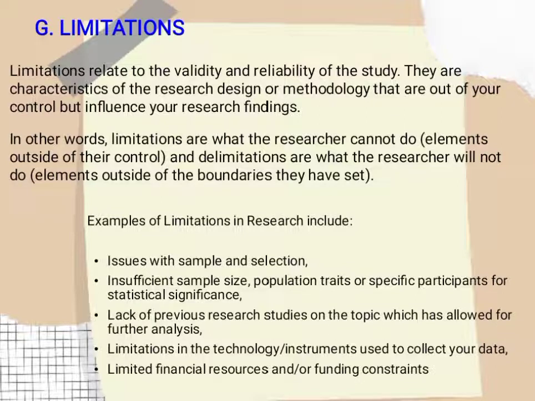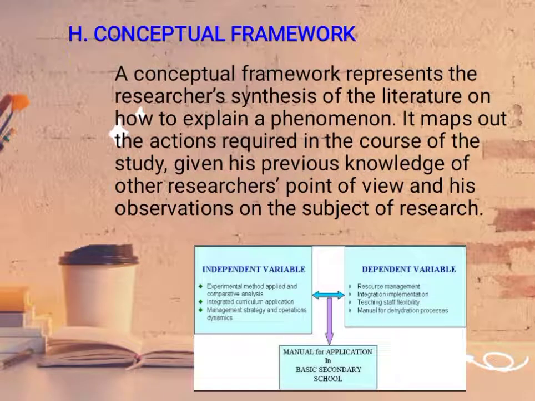So next is the conceptual framework. A conceptual framework represents the researcher's synthesis of the literature on how to explain a phenomenon. It maps out the actions required in the course of the study, given the researcher's previous knowledge, point of view, and observations on the subject of research.